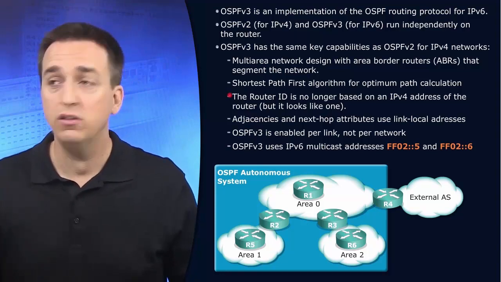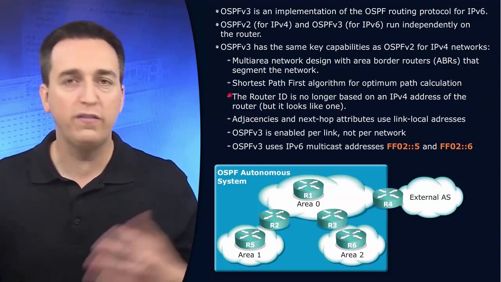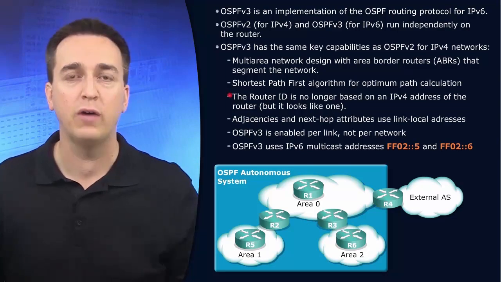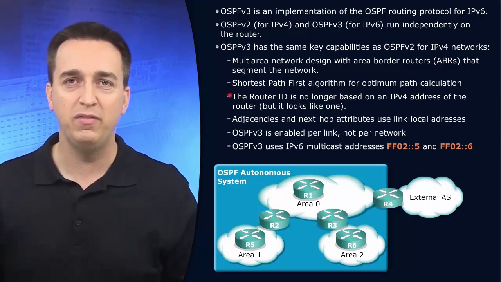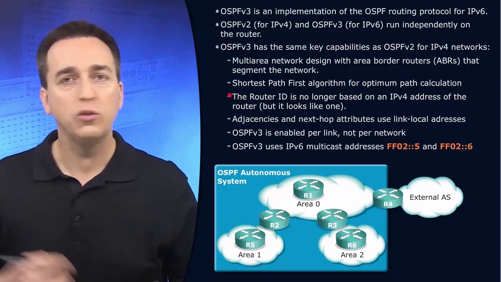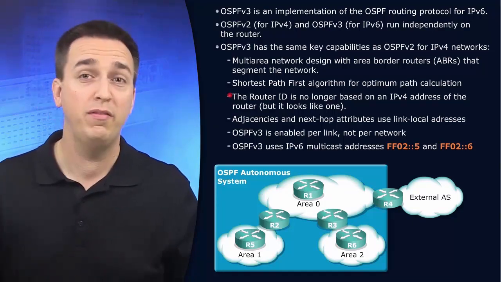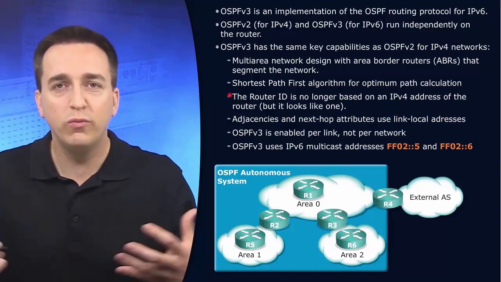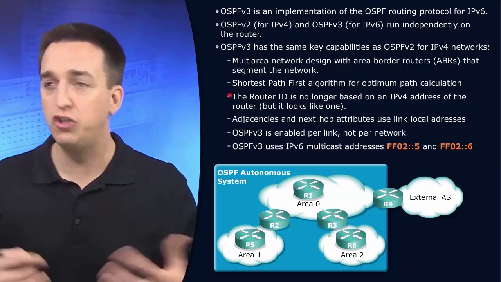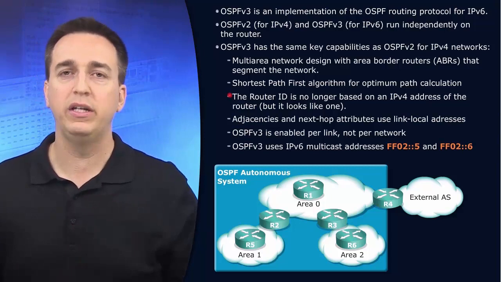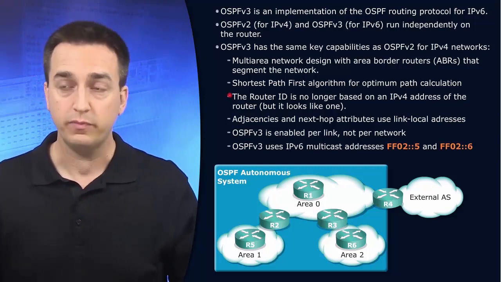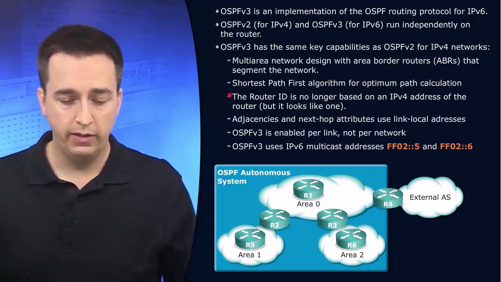And if for some reason there's no loopback interfaces, go look at the physical interfaces. Are there any with IPv4 addresses? If there are, take the highest IPv4 address amongst those interfaces. So it's still using the same process. Still looks like, smells like, tastes like an IPv4 address, but it's not. So you don't need IPv4 running on your router. You don't need IPv4 addresses. You simply hard code it with the router ID command, and away you go.